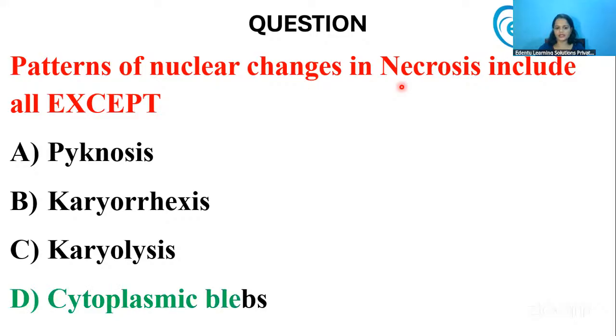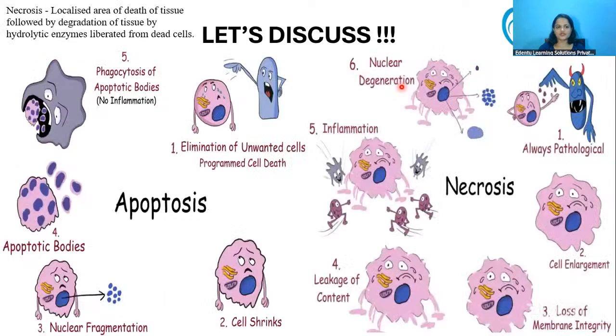So let's first discuss necrosis. Necrosis is death of tissue or death of a cell. Usually it is always pathological. What happens in necrosis is that, because of some kind of injury to the cell, the cell recognizes the injury and tries to repair it and get back to normal.